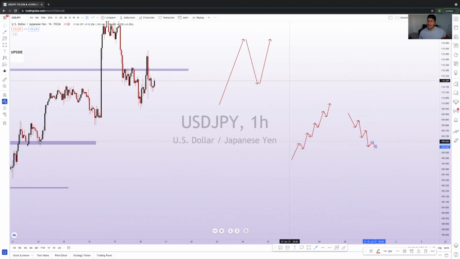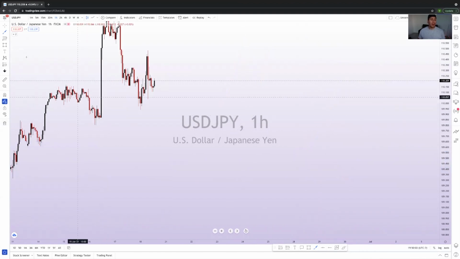That is how it's going to look. And this big push to the upside again over here. On a higher time frame you're seeing this, but once you move to a lower time frame, this is what you see.